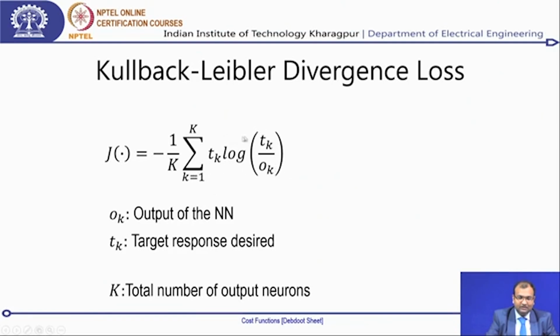There are other ones as well. You can take the Jensen-Shannon divergence loss, and what that would mean is that here, you are weighing the probability with the mutual information. So, TK by OK gives you basically the mutual information content, and then you weigh it by TK, which is your target response. Now, if you would like to weigh it by OK, you can still do it.